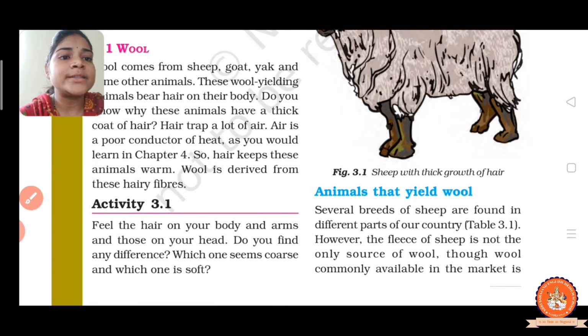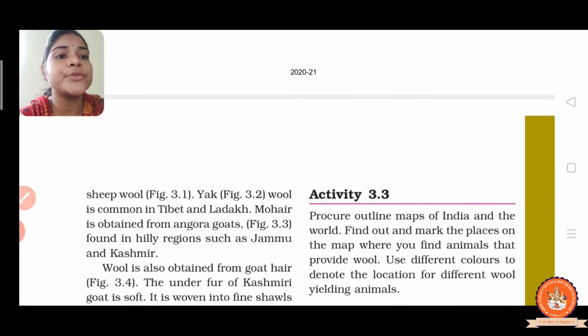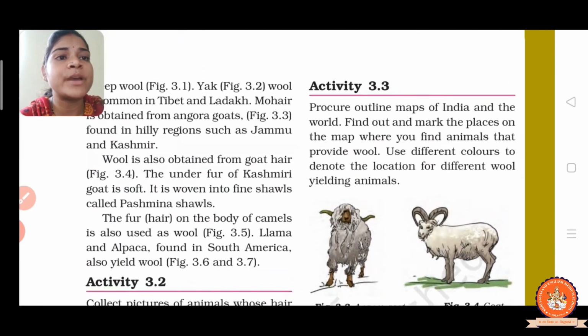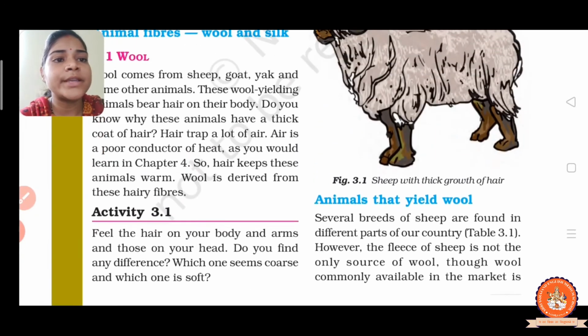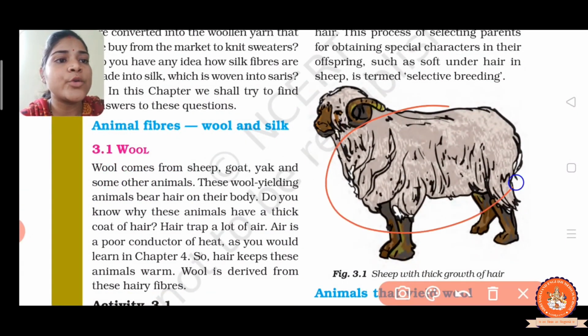Now students, here are some names of animals from which we get wool. Let us see one by one. The first one is the sheep. You can see that the sheep has a thick coat of hair, from which we get wool, and it is commonly available in the market, right?